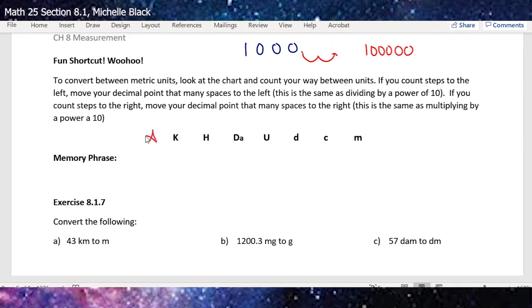To remember this phrase, KHDAUDCM, you can use a memory phrase. There's a few different versions of this, but the one that I know is King Henry doesn't usually drink chocolate milk.